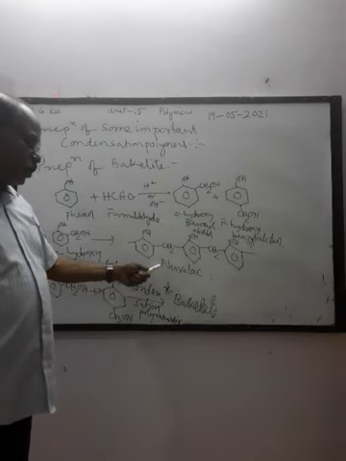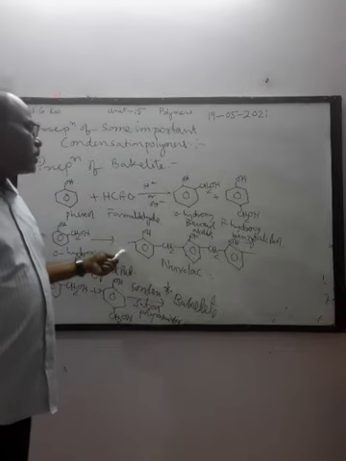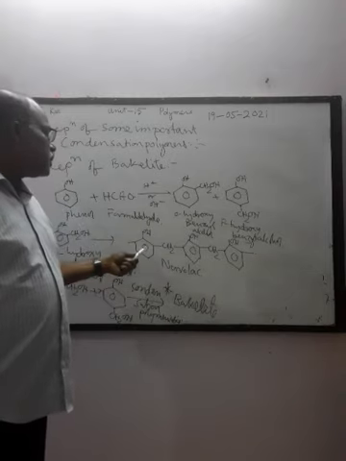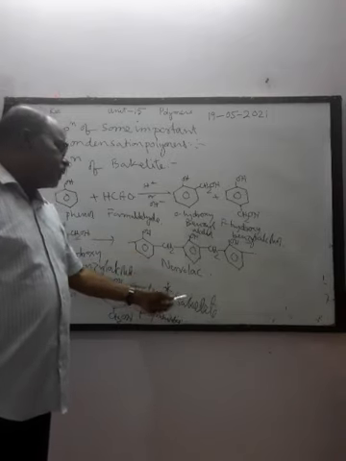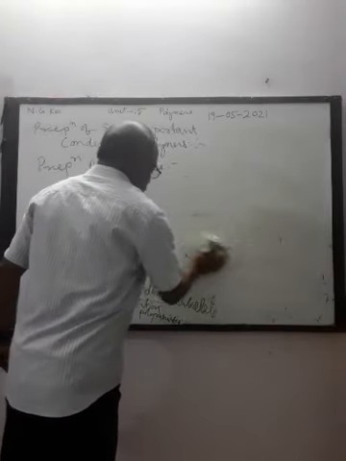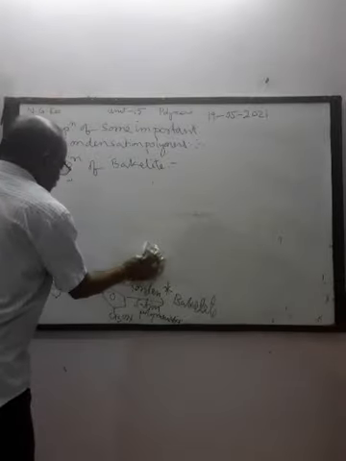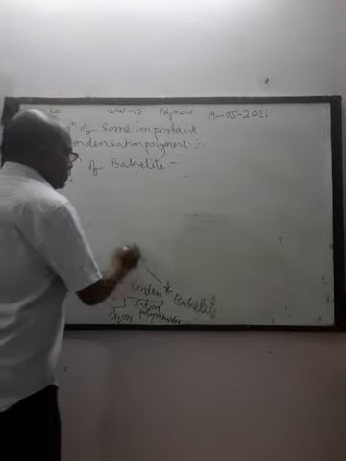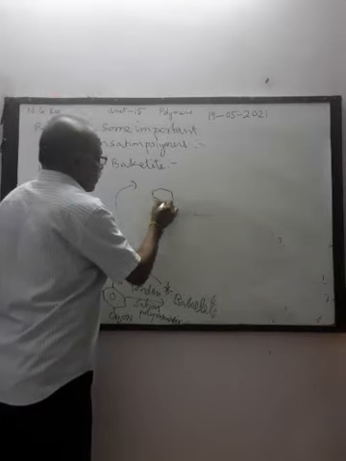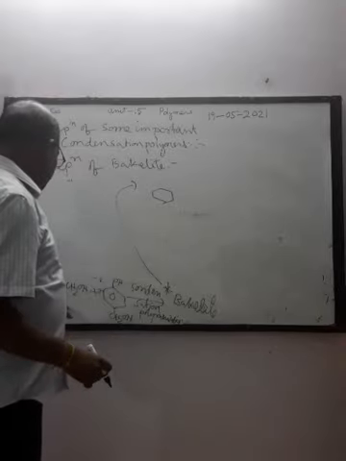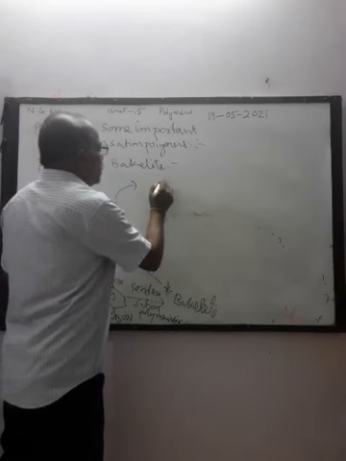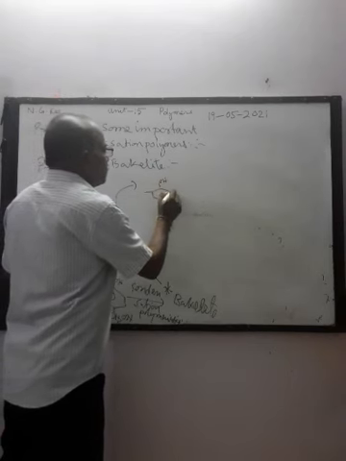So what is the difference between novolac and bakelite? Novolac is a linear polymer, bakelite is a cross-linked polymer. That is, novolac is thermoplastic, bakelite is thermosetting plastic. So finally we get the structure of bakelite. Now what is the structure of bakelite? In the bakelite molecule, when orthohydroxybenzyl alcohol and parahydroxybenzyl alcohol condense, then we get a structure like this.